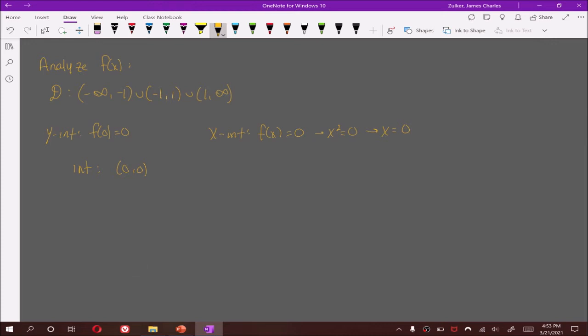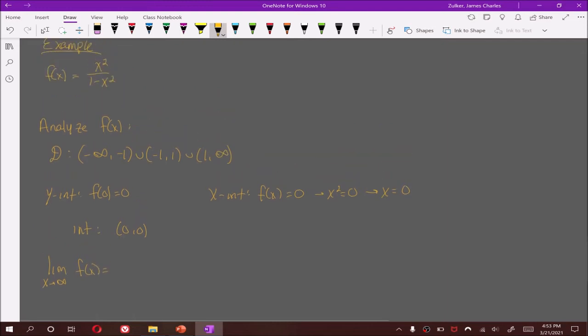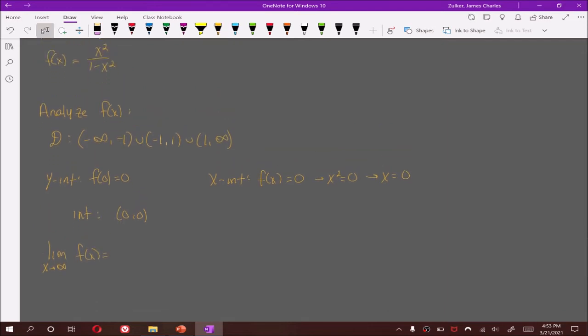End behavior. Take a limit as x goes to infinity. That is going to be -1. Limit as x goes to negative infinity will also be -1.